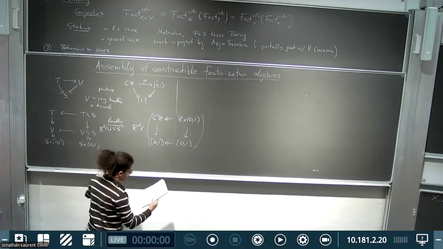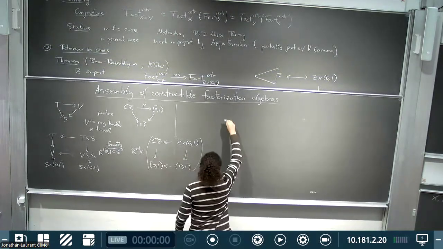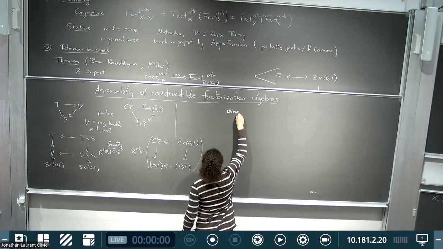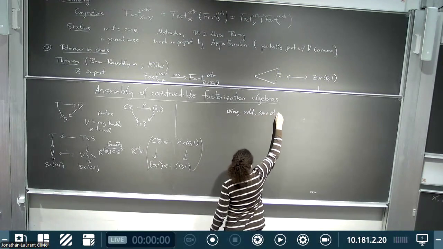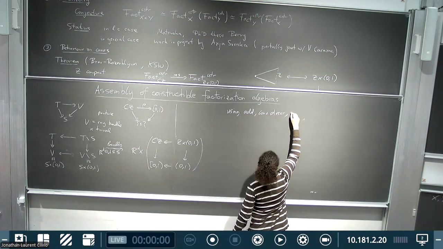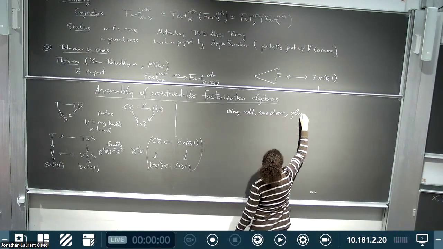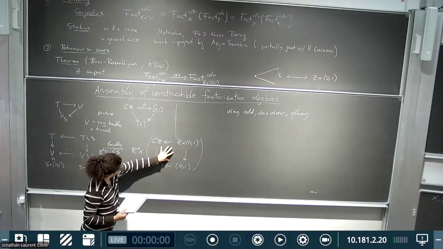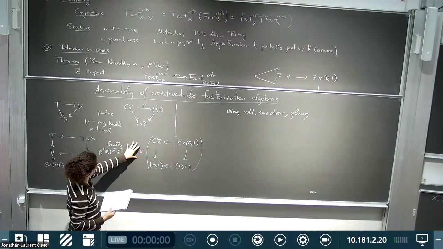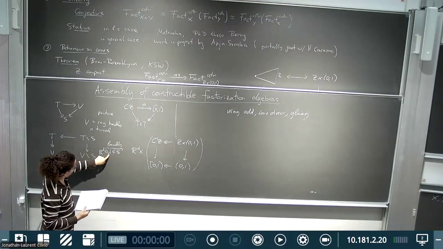And so all this together says that using additivity, using the cone description, and using gluing, basically, locally, you know what happens, then you cross it with R^d, and then you glue it together along all these U's.